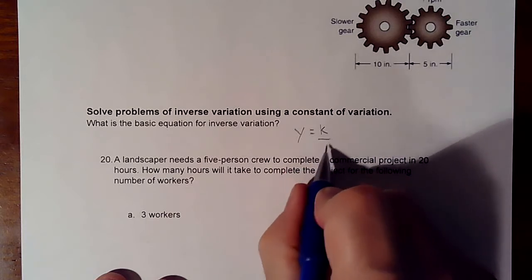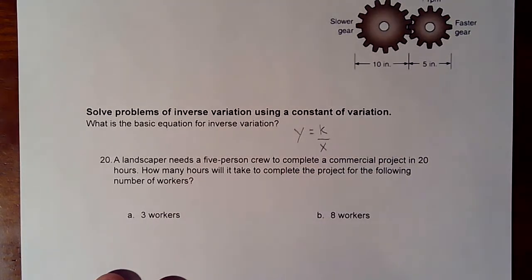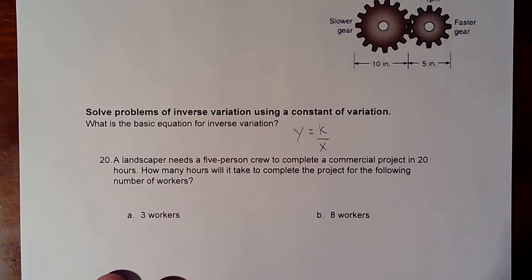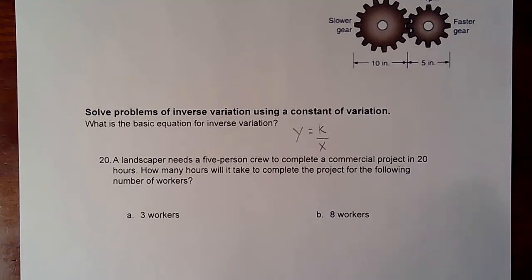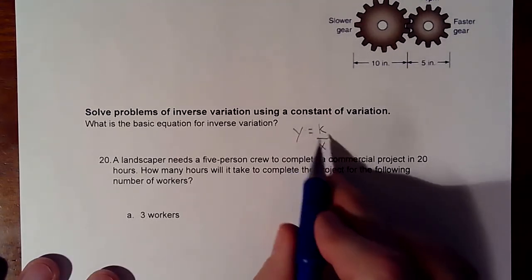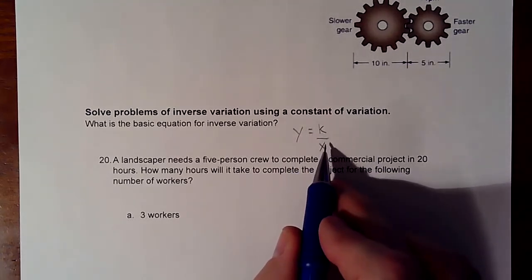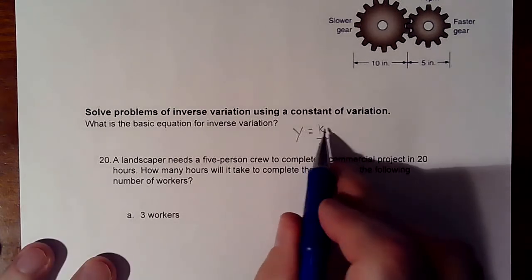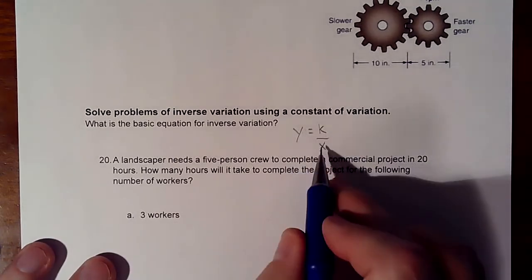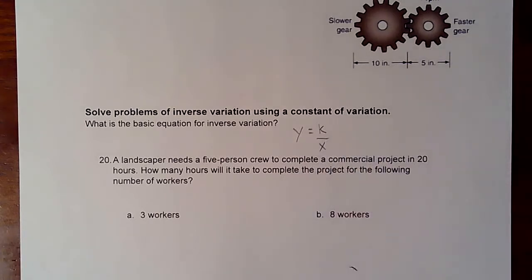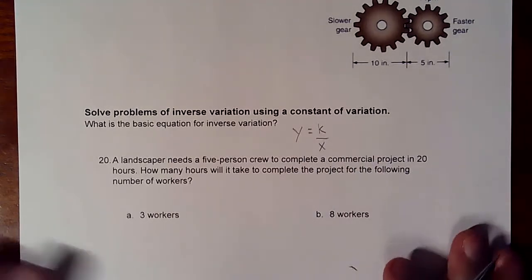But if it's inversely related, then you're going to divide it by x. Okay? What you are typically given is an example of an x and a y, and you use that x and y to figure out a constant, right? And then you might know a different x or a different y, and you use this equation to solve your problem. So I'm going to use that up here.